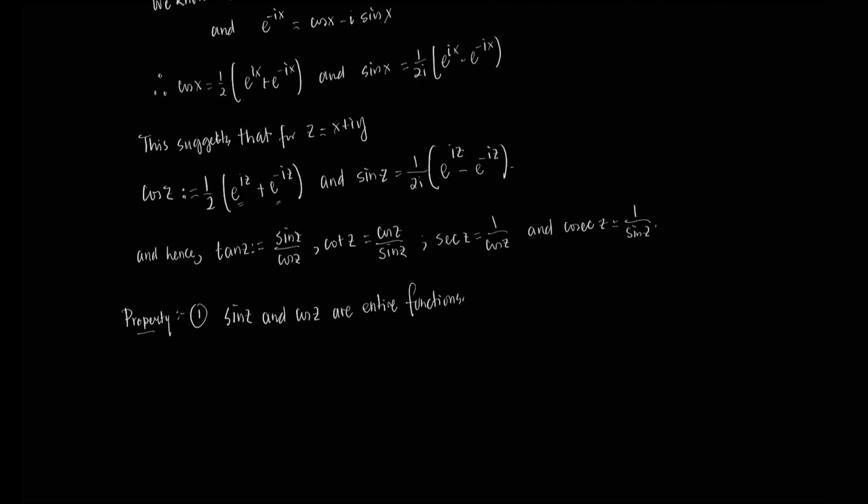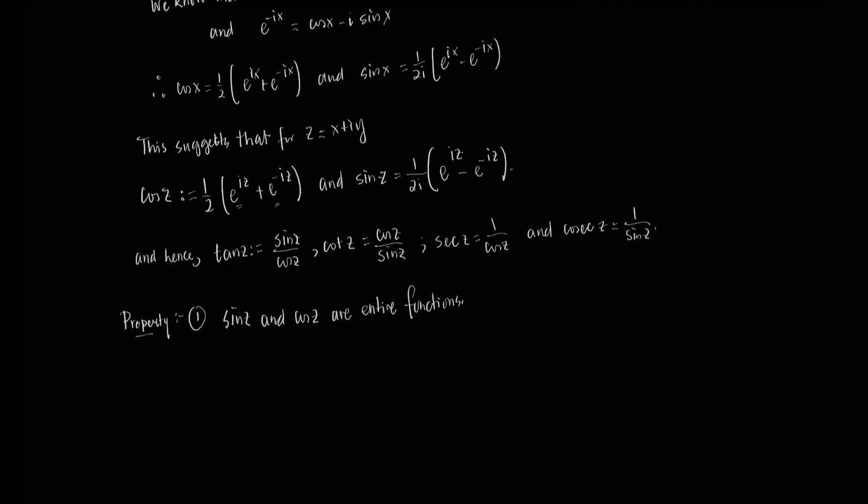Then I'm dividing it by 2, which you can think of as a constant function, so this is also entire. So cosine z is entire, and similarly sin z is also an entire function.